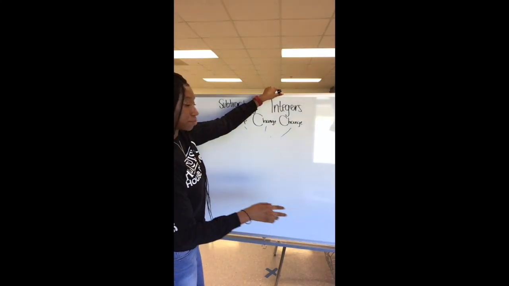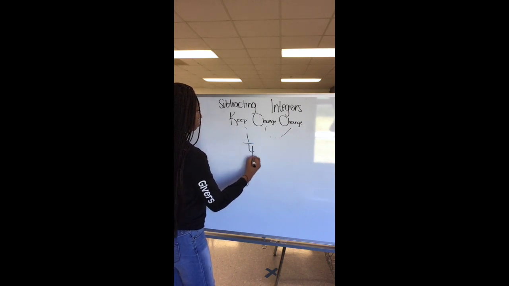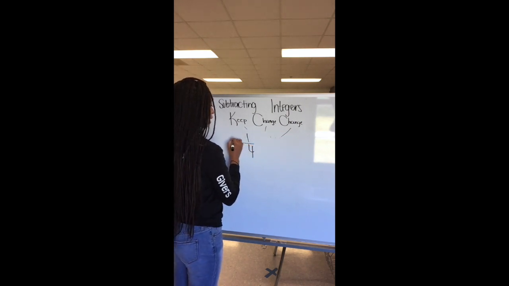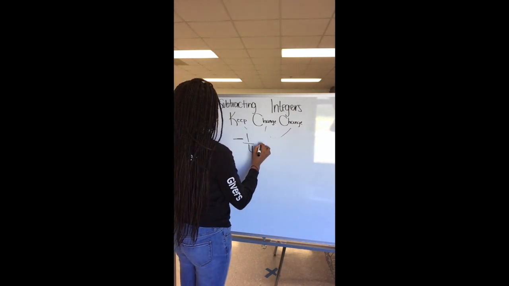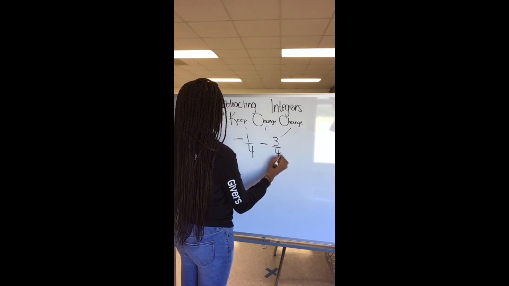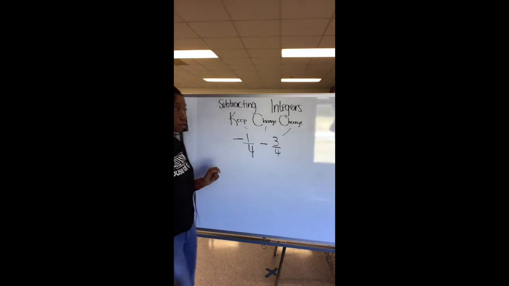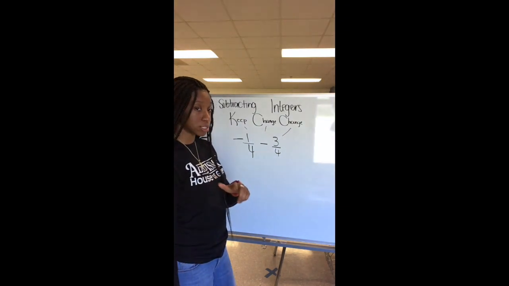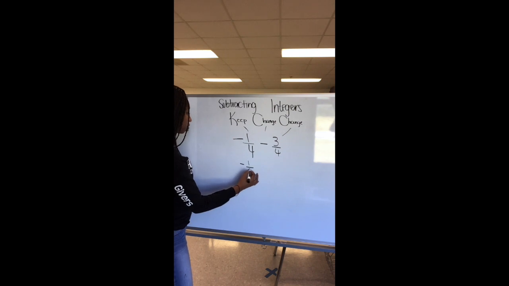So one more example. What if we had negative 1/4 minus 3/4, right? So negative 1/4 minus 3/4. Remember, I told you we were going to add and subtract fractions. All right, so you keep the first, so negative 1/4 stays negative 1/4.